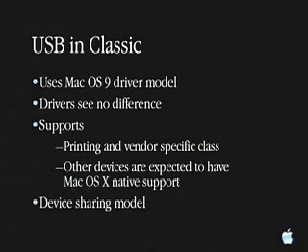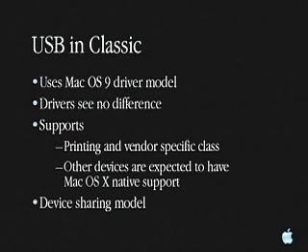Classic presents the entire Mac OS 9.1 operating system to applications. That includes things like USB drivers. Our entire Mac OS 9 USB stack is living within the Classic environment. If you have an existing Classic driver for a vendor-specific device, Classic can open that device object using the user mode mechanism and can make that device available just as though it were plugged into an OHCI controller directly attached to Classic.